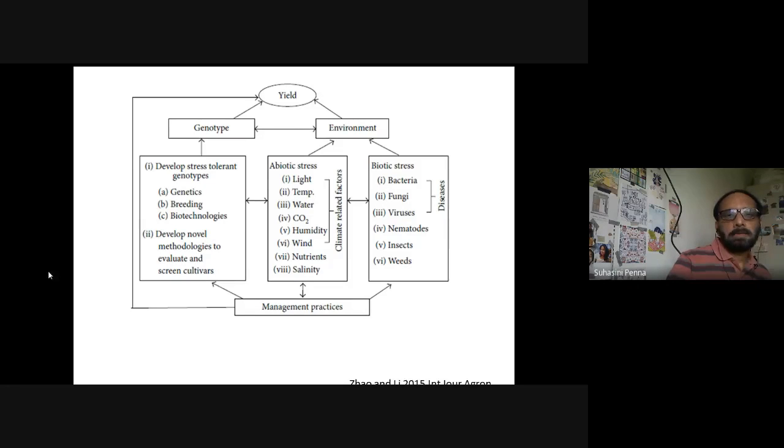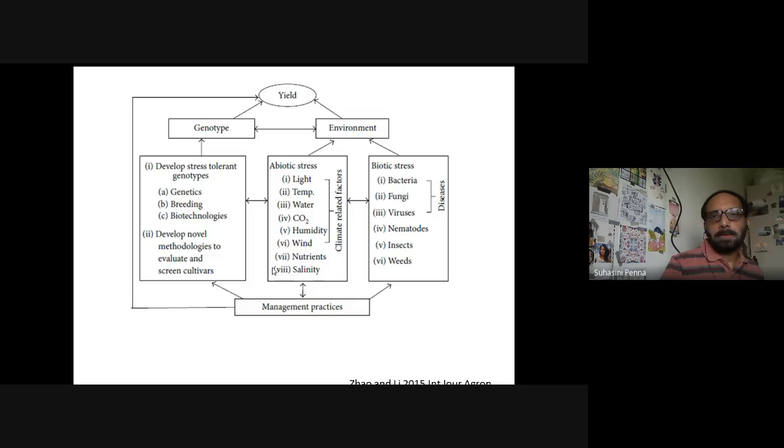Some of the methods that we talk about in the further slides have more relevance to evaluate and screen cultivars. Many times, the methodologies that are adopted are more for seed propagated crops. So for vegetatively propagated crops, you need to develop new kinds of methods.